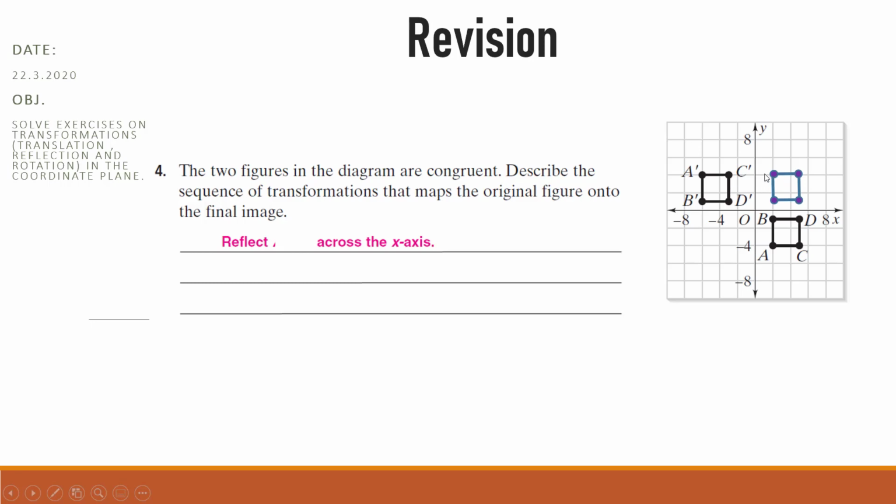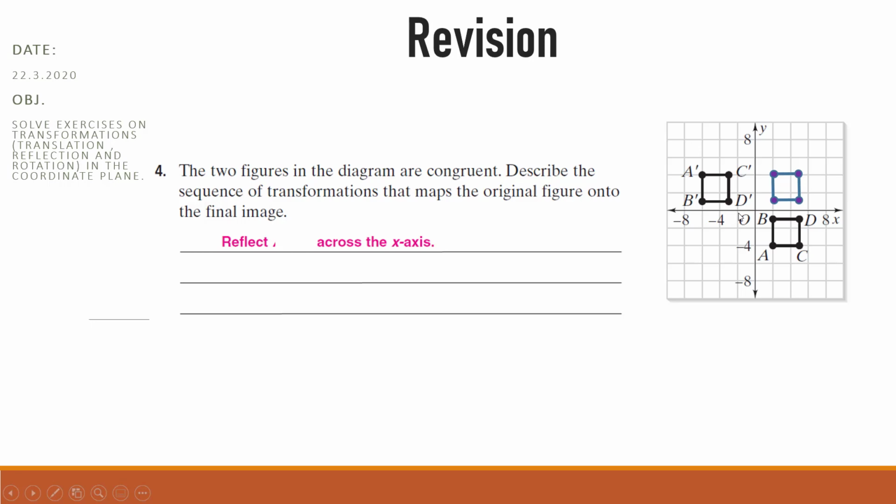This is translation. Let's count. So here we have the point A. The image of A is this point. Let's count from this point to A dash. Each one of these units is 2 because we have here -2, -4.